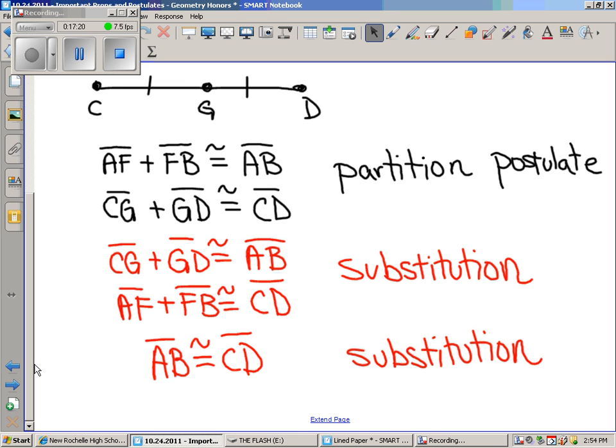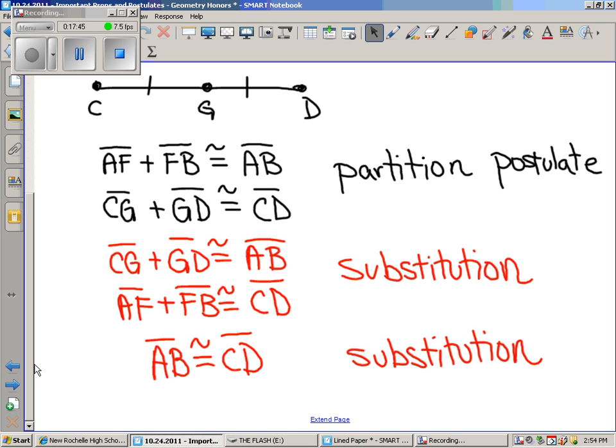This was partition. I took the whole segment, I broke it up. Then in the directions, it told me that each one of those little individual broken pieces was congruent to another piece that was separate from it. You know what I mean? So I switched them out. And it turned out that CG plus GD equals CD, and that AF plus FB equals CD.